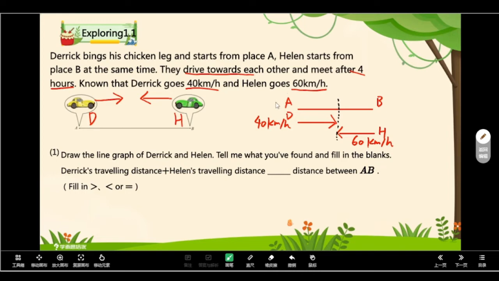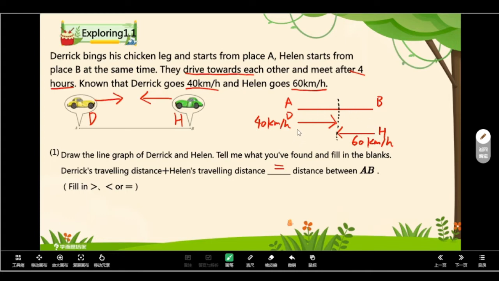And after drawing this diagram, what is the relationship between Derek's traveling distance and Helen's traveling distance? Which one is Derek's traveling distance? Yes, this one. And how about Helen's distance? Yes, this one. And how about the relationship with the distance between A and B? Yes, if we use Derek's distance plus Helen's distance, that equals the distance between A and B. So this is a very important concept in our traveling problems.